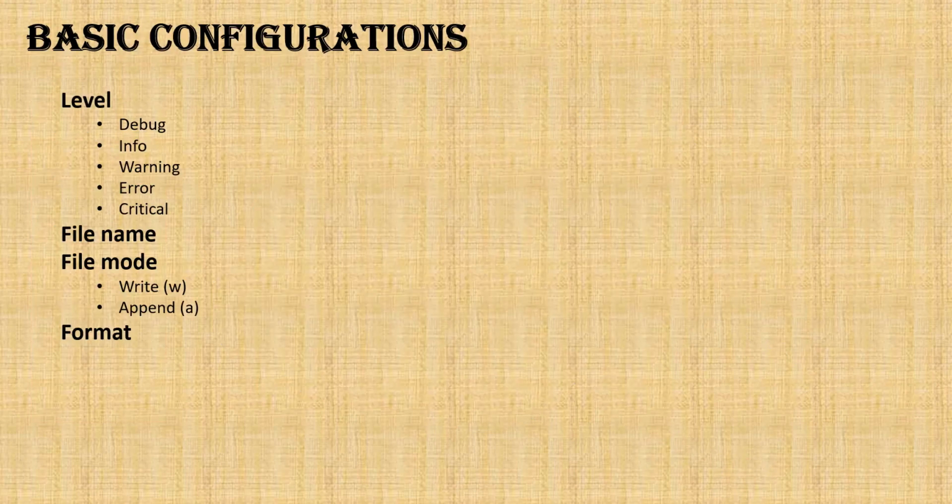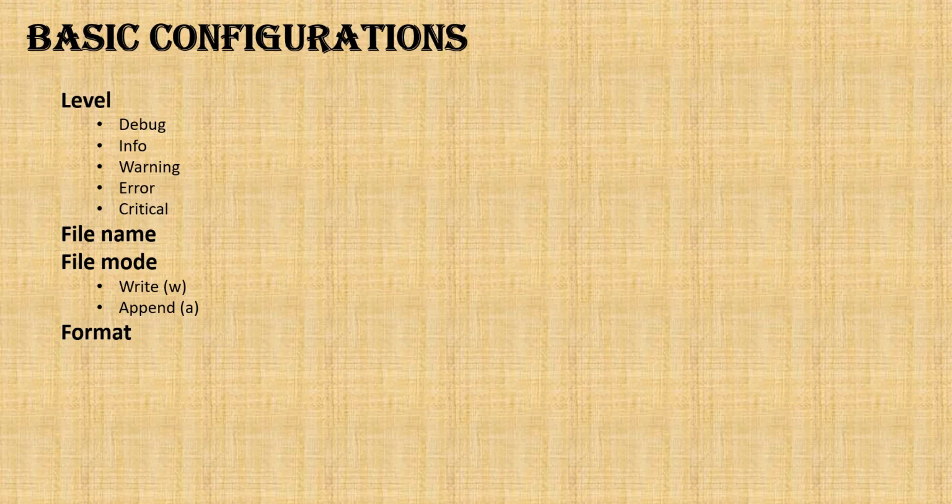Next, we'll look into the basic configurations required for logging. These are the different points that we need to consider: level, file name, file mode, and finally the format. Level tells what kind of information goes into the log file.